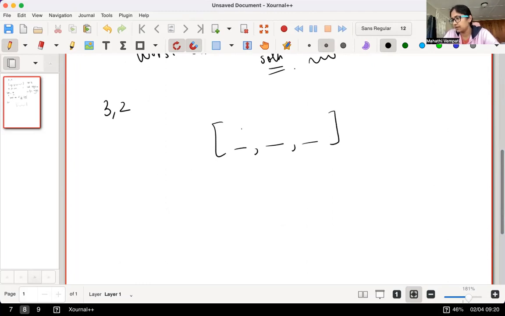Okay, let me say, yeah, let's say 5, minus 3, minus 7. Does that work? From here onwards, every subarray will have a negative element, so we don't worry about these. But for this, this is positive with itself.